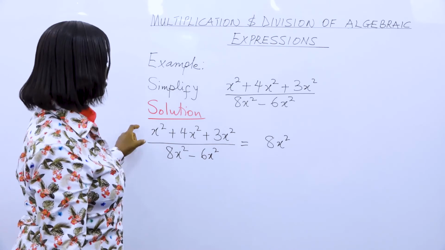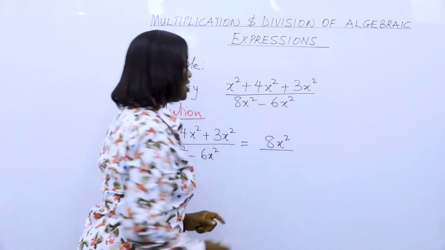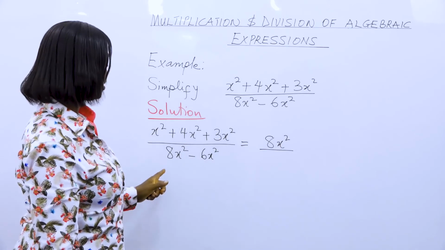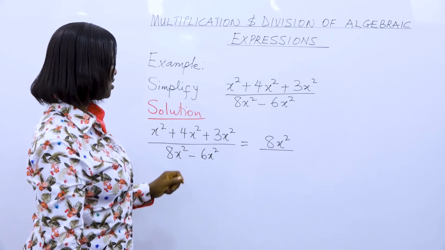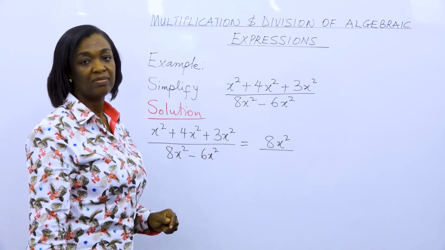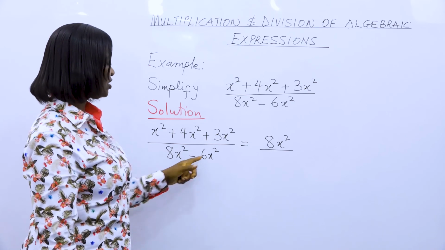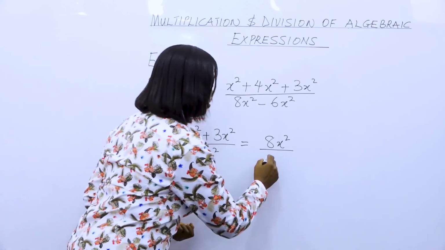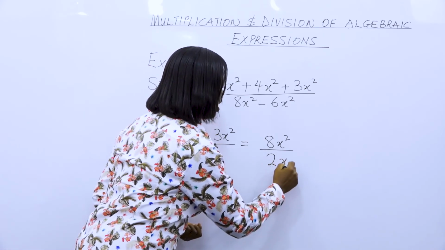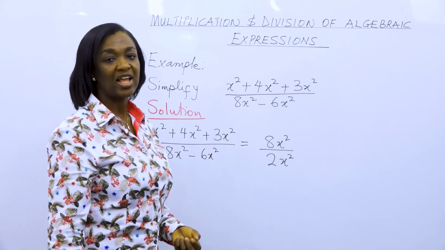So our numerator simplifies to 8x squared, and the denominator becomes 8x squared minus 6x squared. They are like terms again. 8 minus 6 is 2. So 2x squared.